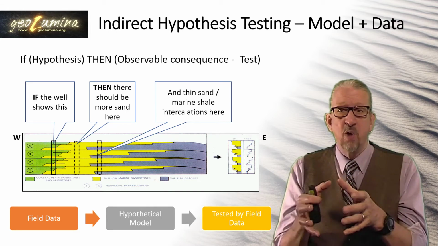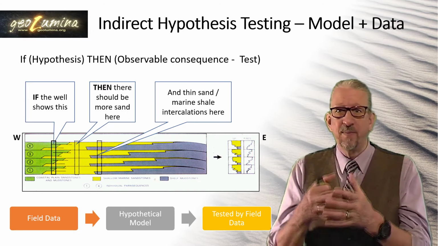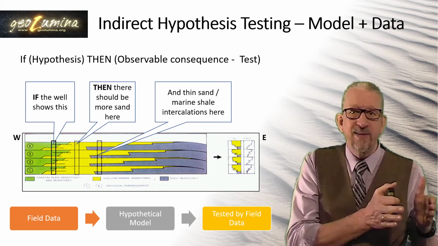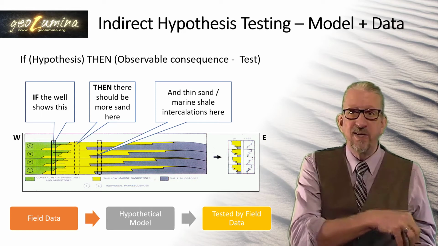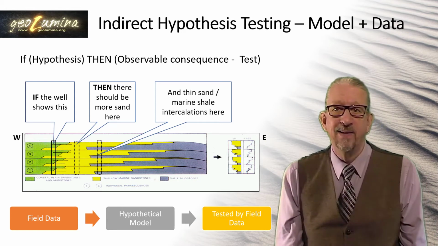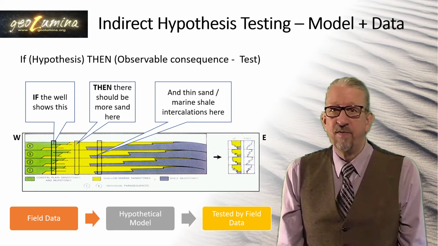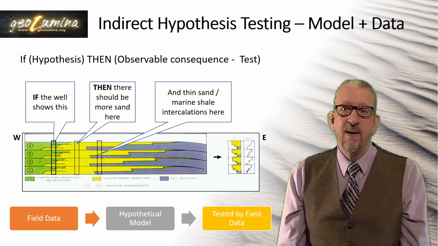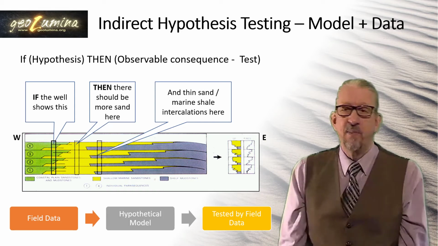From that model, based on the causal relationships and that theoretical model, we can then predict that if we go further west, we might find a continuous sequence of marine sand. And we can test that with field data by drilling another well and looking at the cores and the logs. So this is indirect hypothesis testing.